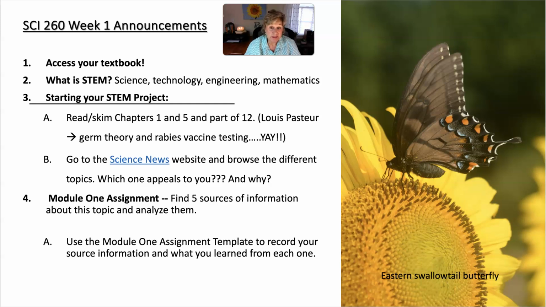They had all sorts of ideas about how diseases came about. And he showed that diseases were caused by microbes. So that's called the germ theory. He also developed a rabies vaccine, and you have to realize back in the 1800s, if someone was bitten by a rabid dog, they were going to die a horrible, miserable, painful death. And there wasn't anything anyone could do about it.